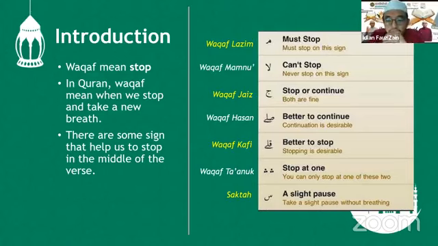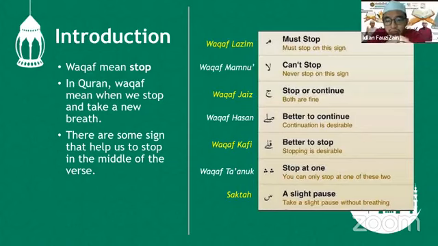And then the next one is Waqaf Ta'annu. Waqaf Ta'annu is, for example, in the second verse of Al-Baqarah, the series, where there is a three-dot sign. And then the last one is Saktah. For the Saktah, there is like a pause when we read it. I think I will explain it better with examples.